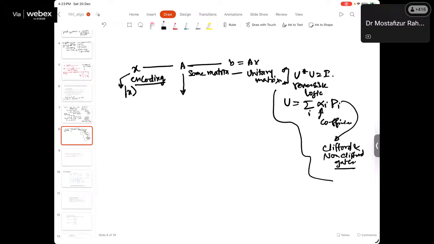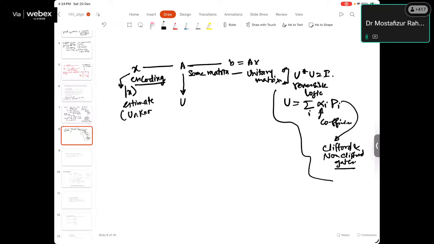So one story is that I can encode x to get ket x. I have to convert A to U, right? And then I need to design a solution, of course, because I need to estimate this one, because this is unknown, right?